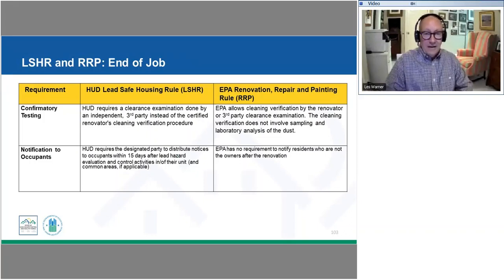So our job's not completed until our clearance testing has been done and we've gotten back results that show that we now have our dust levels brought down to acceptable levels. Sometimes those initial results, maybe in a couple of areas, are going to come back where we have a couple spots that still are not within our acceptable threshold.